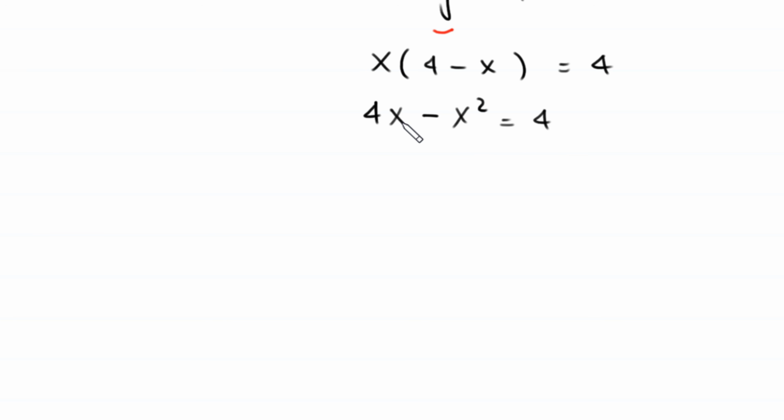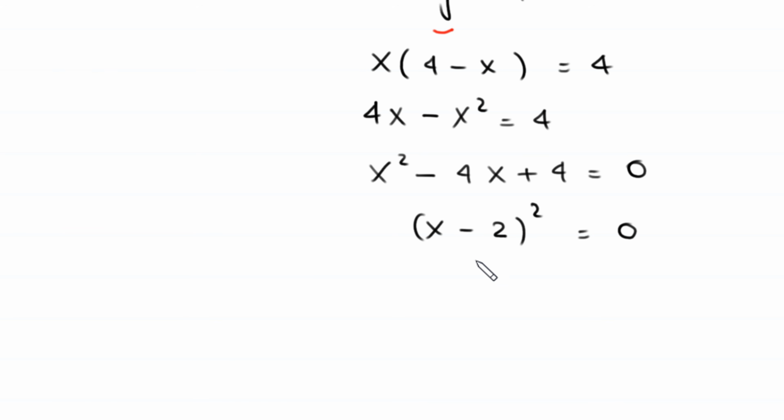Move these two terms to the right hand side, this will become x squared minus 4x plus 4 equal to 0. Now this is a perfect square, this will become (x minus 2) whole squared equal to 0. If we take a square root of both sides, this implies that x minus 2 equal to 0, and this implies that x is equal to 2.